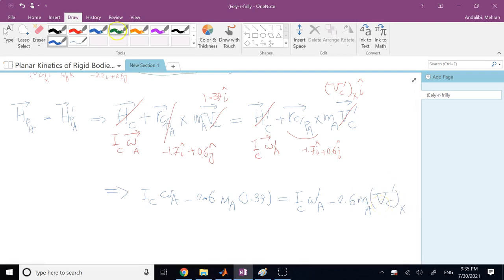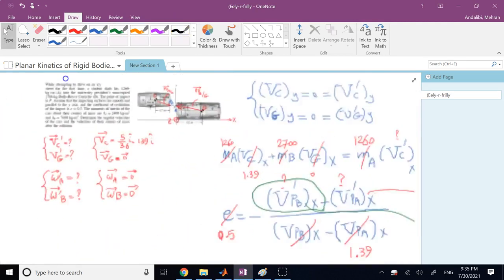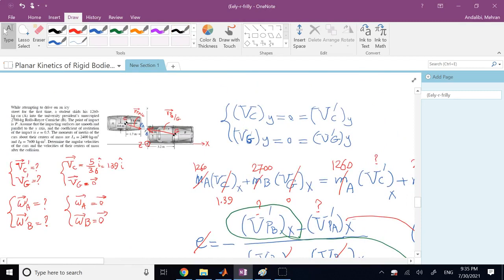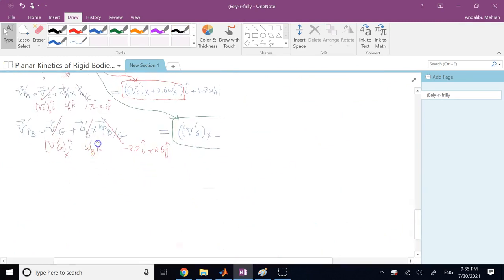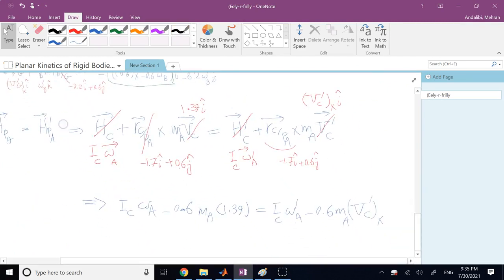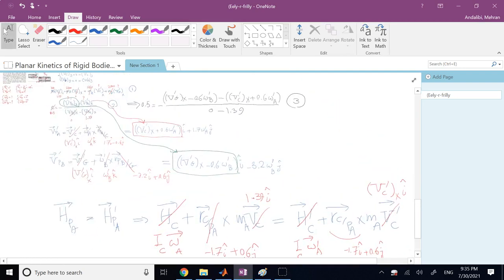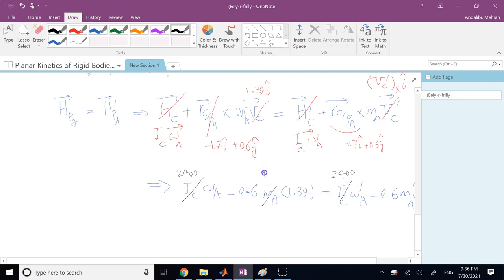And both of the I's are given in this problem. If we go back and look at the I's, both of them are 2400. 7600 is for block B. M A was also given, it is 1260.